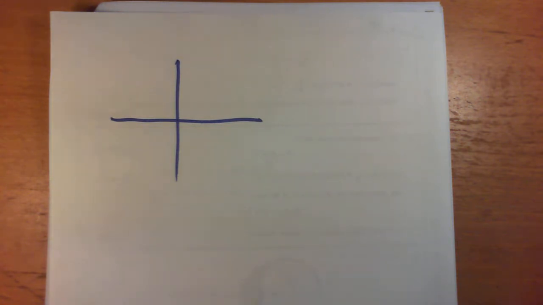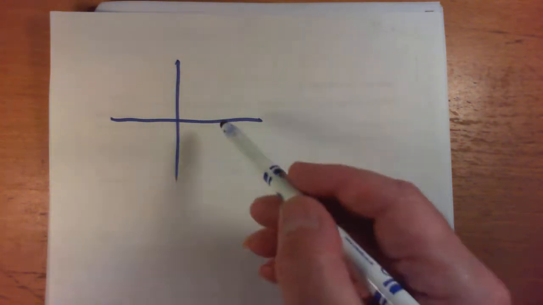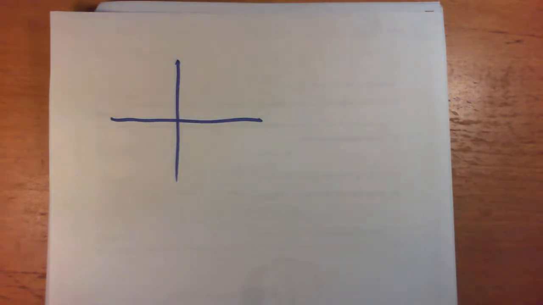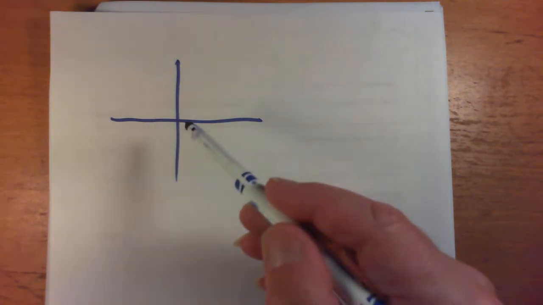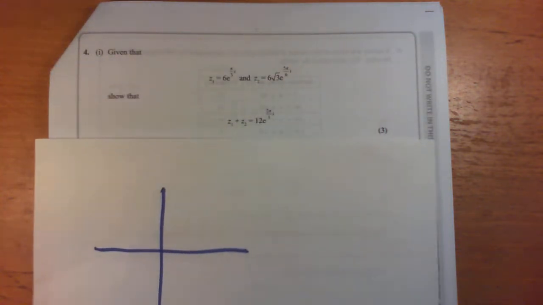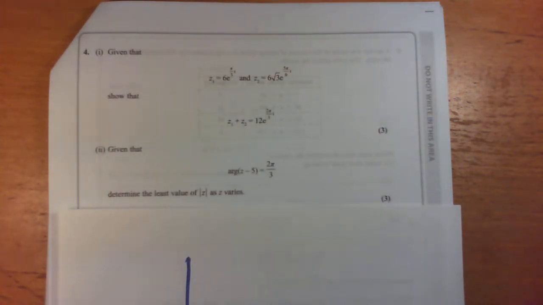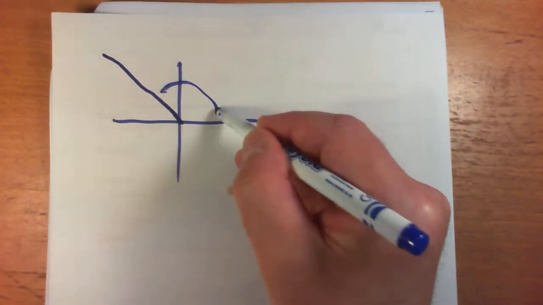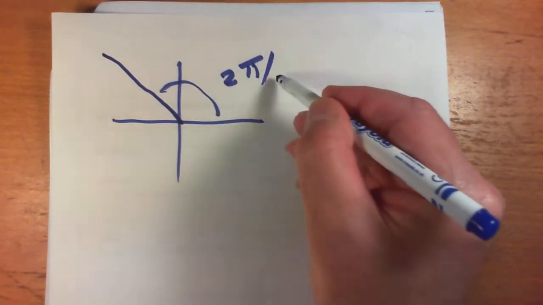The magnitude of z equals a constant would delineate the circles, which correspond to the coordinate lines for r, if you like, whereas the arg will delineate the coordinate lines for the angles. So if it was arg z equals 2 pi over 3, that would be something like that. That would be 2 pi over 3.